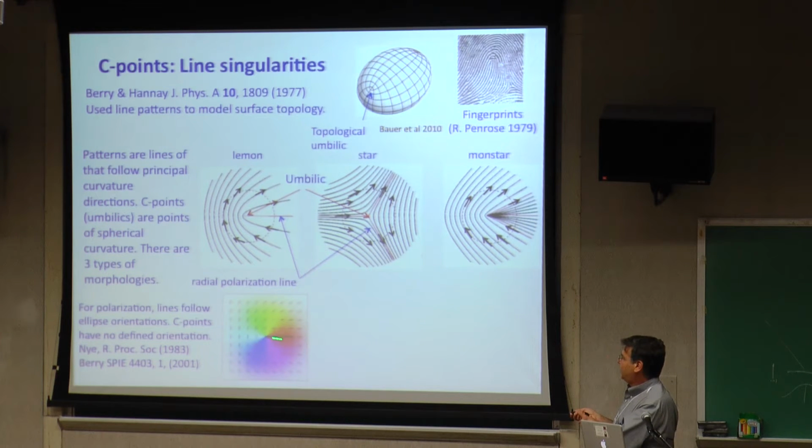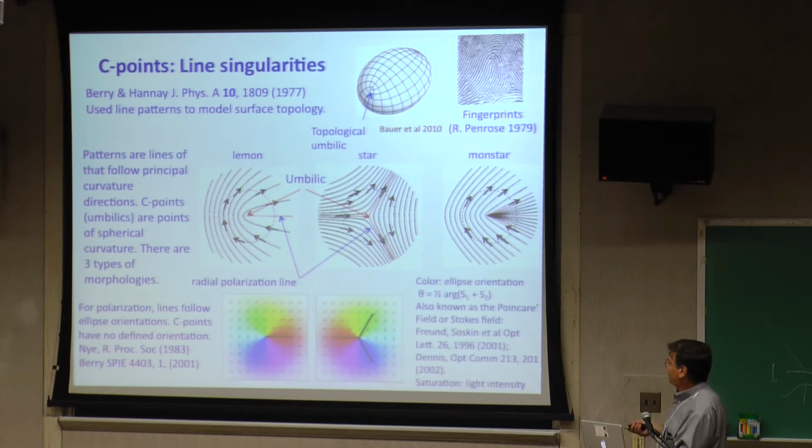Red means that the semi-major axis is horizontal. This light blue is vertical, and then diagonal is green, and so on. So then you have the lemon, and then you have the star. You can see that for the lemon, you go red, green, blue, and then here you go red, blue, green, and that's the star.